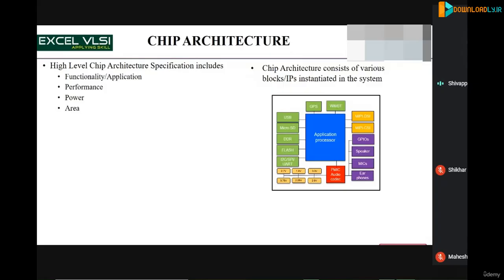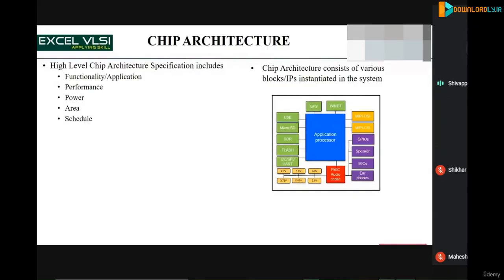In a UPS, space is not really a constraint. Depending on where it goes, in an industry the area may not be a constraint, so in those cases it is not so critical. But for handheld devices, the area is definitely critical.